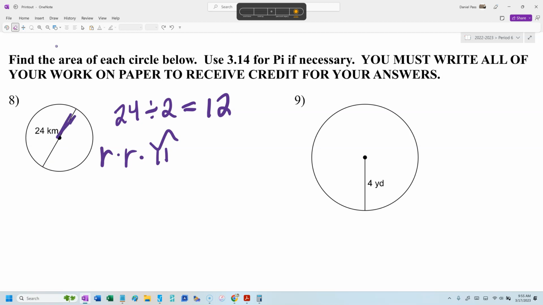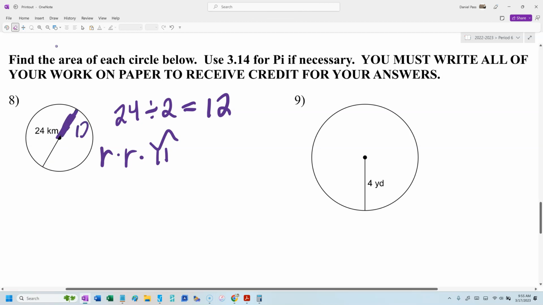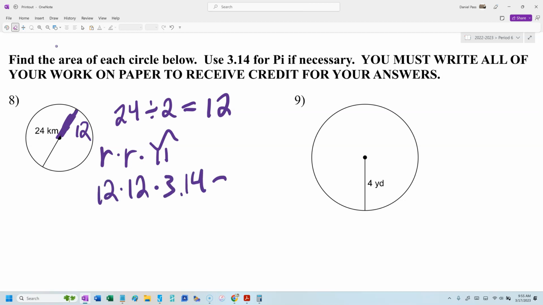Once we divide by 2, it's the radius. It's 12. Okay, good. So now it's 12 times 3.14, and then the answer is 452.16. Is that what everybody got? 452.16? Is that right? Okay, cool. And that is kilometers squared because it is an area, so squared.